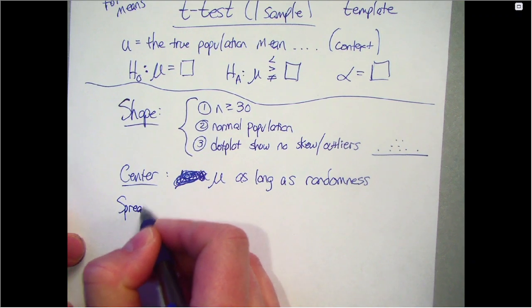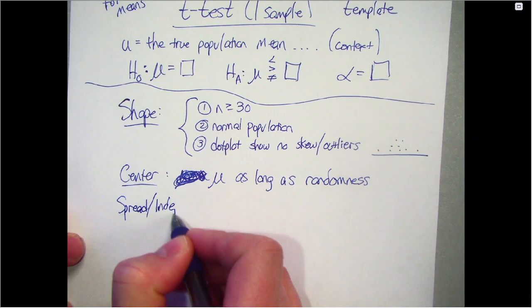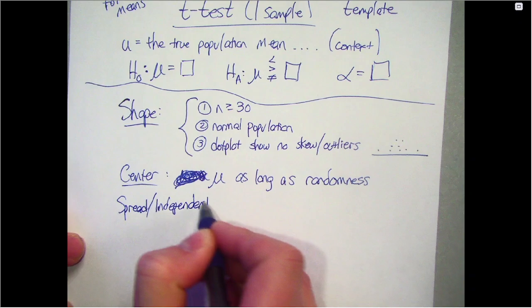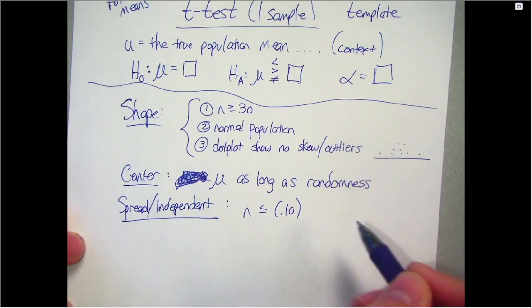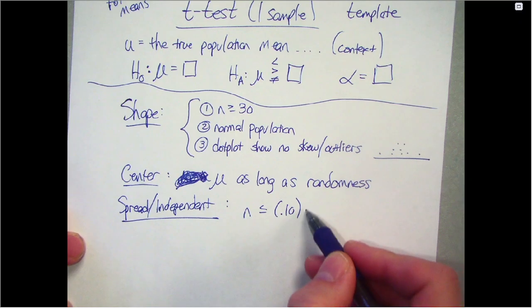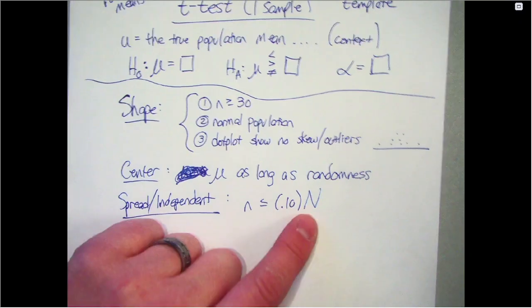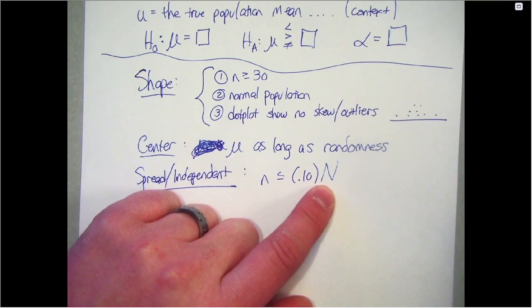And then spread. What you're doing here is showing things are independent. That's that 10% thing. So your sample size is less than 10% of the capital N population.